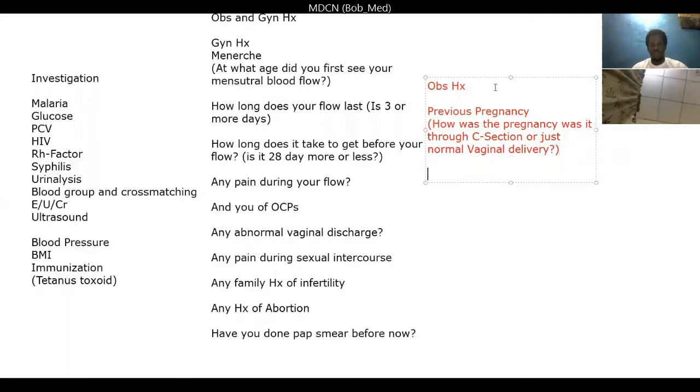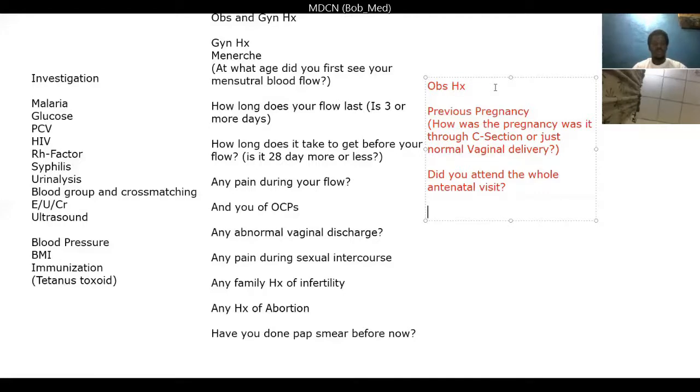And even during the pregnancy, did the woman attend all the antenatal care? Did you attend the whole antenatal visit? This was about the previous pregnancy. You understand?